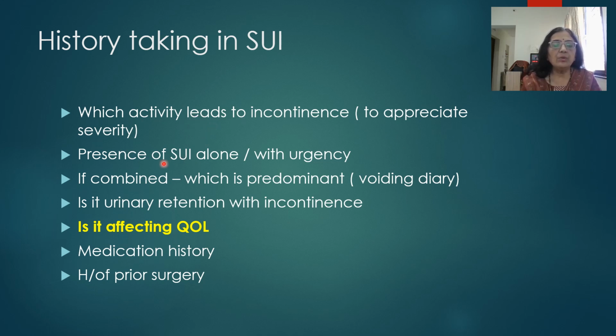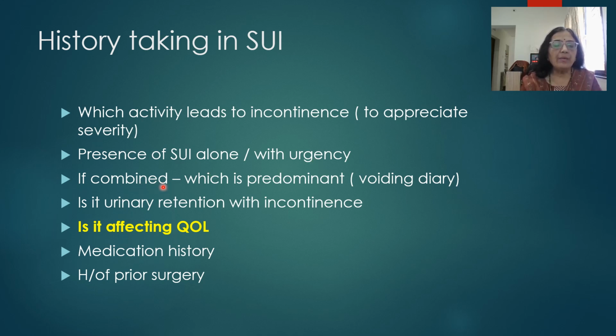Then, again from the history, we need to see whether there is SUI alone or whether it is in combination with urgency. Whenever it is in combination with urgency, the history can be confusing and might take more time. But though it can be time consuming, it will be rewarding because history itself points to the diagnosis in almost 50% of the cases.